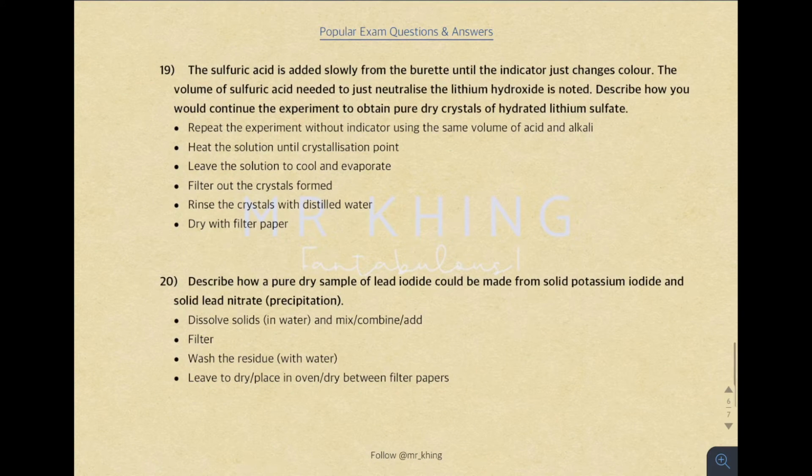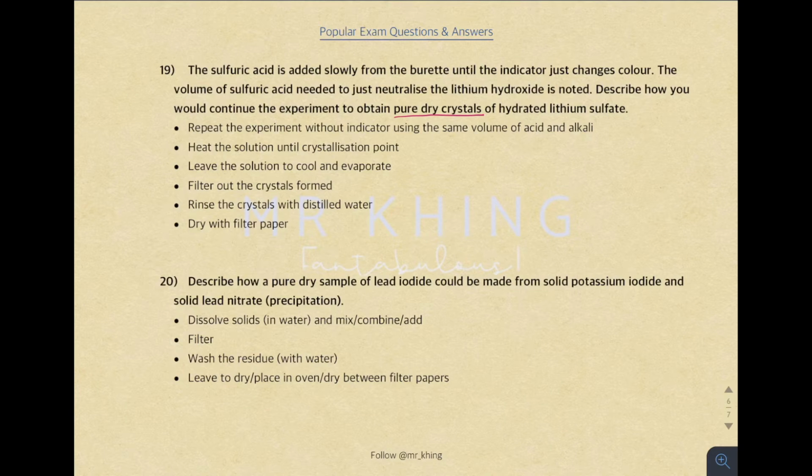So next one. Oh my God, such a long question. Sulfuric acid is added slowly from the burette until the indicator just changes color. The volume of acid needed to neutralize the lithium hydroxide is recorded. So describe how you will continue the experiment to obtain, see the keywords, pure dry crystals.